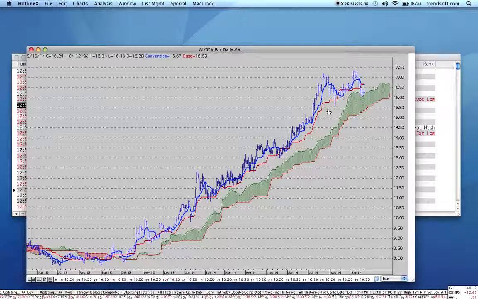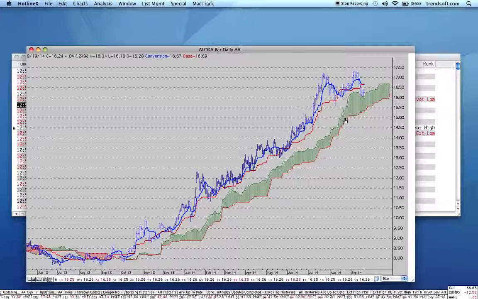The cloud itself is the area formed by these 2 lines. The green line here is called the Senkou Span A, and it is the midpoint between the conversion line and the baseline, and then that number is projected 26 periods into the future. That's how we end up with the line going beyond the current prices.